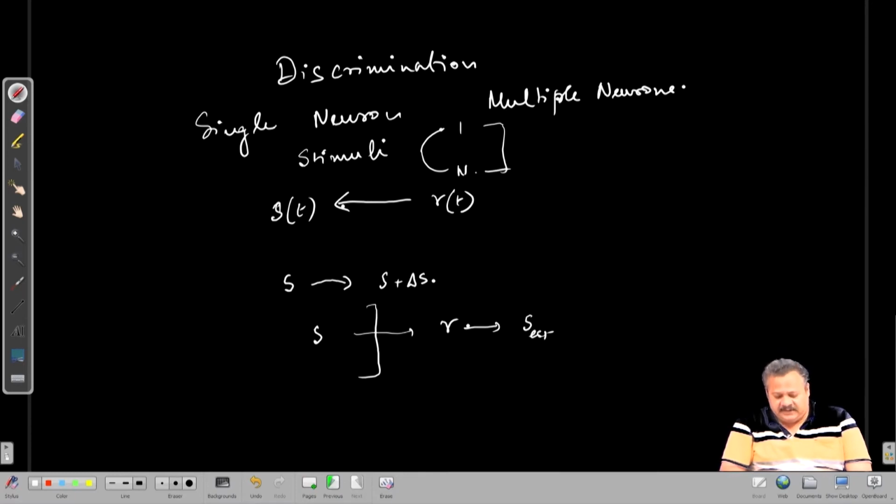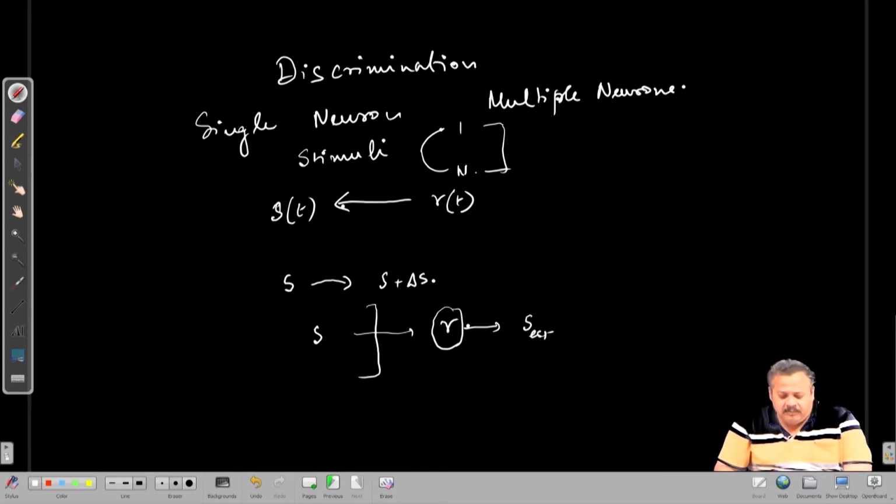So think of S as a parameter here, and response is the random variable based on which, or the observations based on which we are going to make an estimate about S.